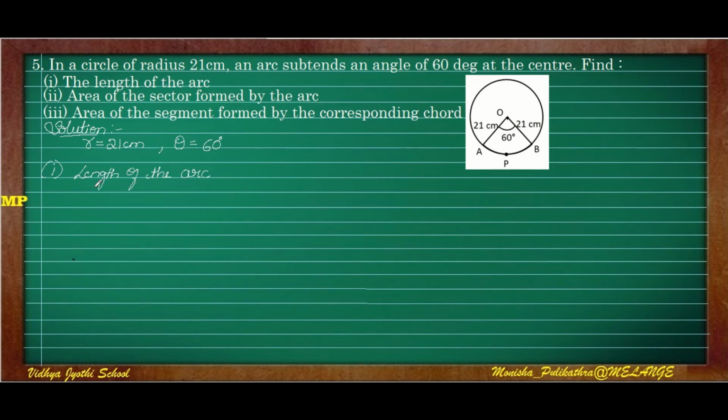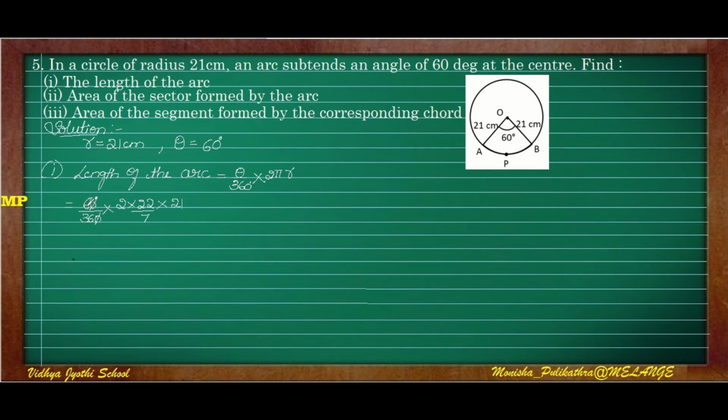So if they are giving length of arc, then the formula changes as theta by 360, same as area of the sector, into, instead of pi r square, we have to use 2 pi r if they give you length. So here theta is given, that is 60 degree divided by 360 into 2 into 22 by 7 into r. R is given, that is 21 centimeter.